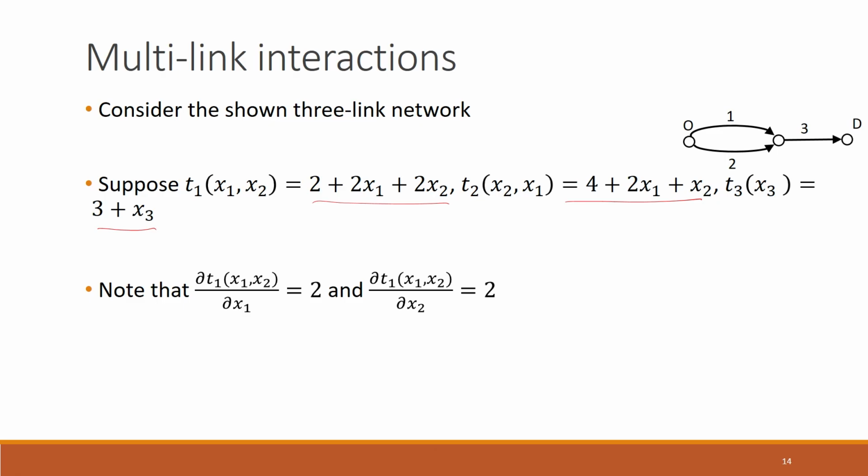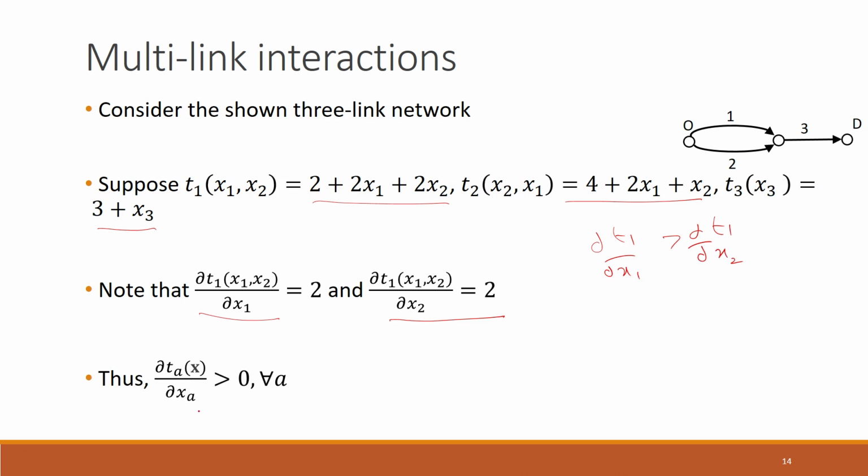Now note that the partial derivative of the travel time on link 1 with respect to the flow on link 1 is equal to 2, and the partial derivative of the travel time on link 1 with respect to the flow on link 2 is also equal to 2 here. Since these two are equal, this condition does not hold. But this condition is anyway holding, that the travel time on link A is an increasing function of the flow on link A.